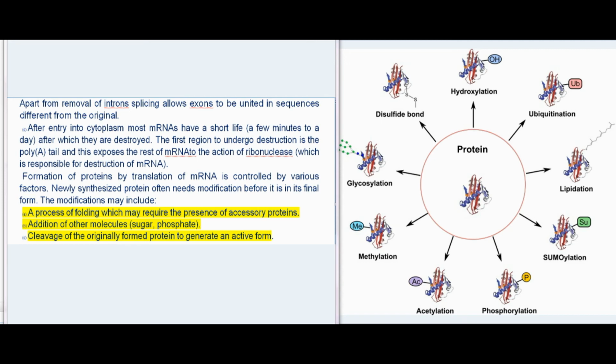Newly synthesized protein often needs modification before it is in its final form. The modifications may include: a. a process of folding which may require the presence of accessory proteins; b. addition of other molecules, sugar, phosphate; c. cleavage of the originally formed protein to generate an active form.